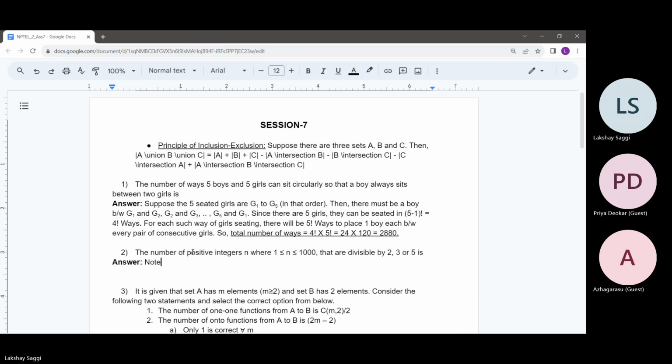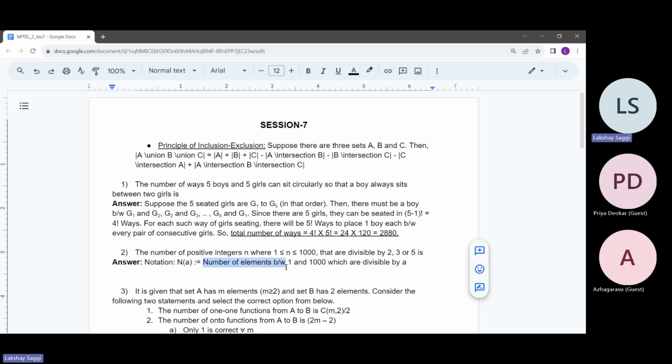So let's say for a number A, this notation n of A denotes the number of elements, or numbers between 1 and 1000, which are divisible by A. A can be a variable, A can be 2, 3, 5, anything.